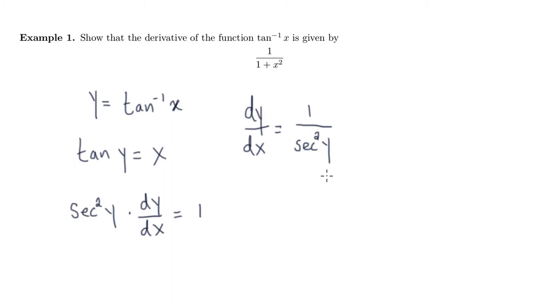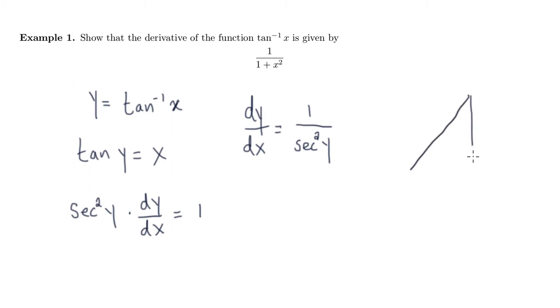But we run into the same problem. First of all, we're clearly not done because we're supposed to get 1 over 1 plus x squared. But also, the idea is that we want the rate of change of y with respect to x to be an explicit function of x, just like y is an explicit function of x. So we need to do something with secant squared y. So we're going to do the same trick we did before with the right triangle.